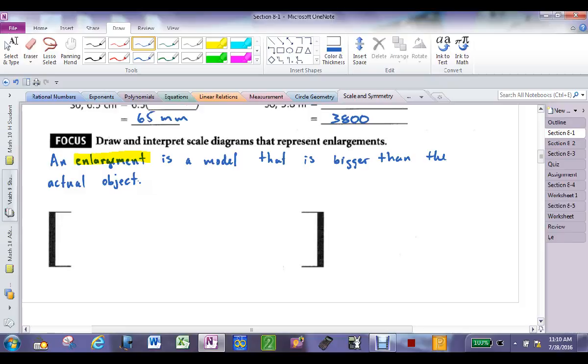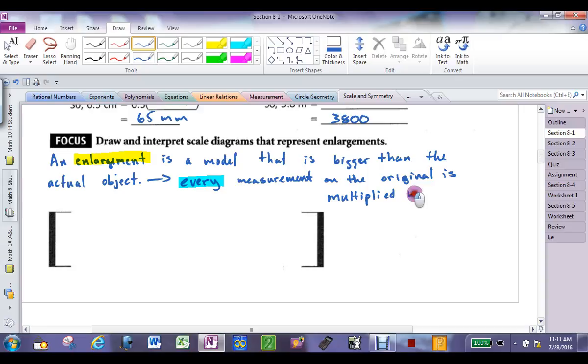Now from a mathematical perspective, this is what it means. Every measurement on the original is multiplied by a number greater than 1.